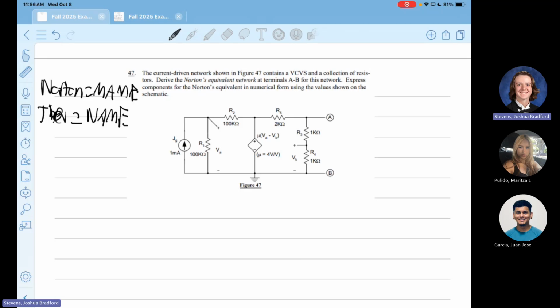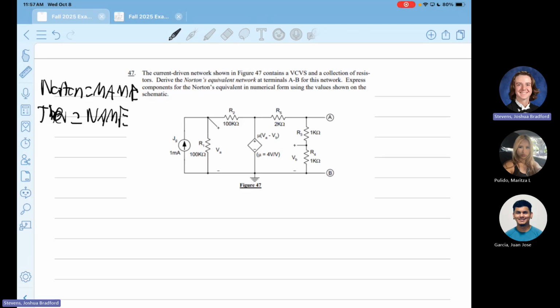All right. So, like we said, MAME. Okay. Well, we have some issues, in my opinion. Would anybody agree with the issues that I see? Anybody see any issues? Yeah. How do we change that? Well, it's in parallel with the resistor right now, but we can do what to get that?